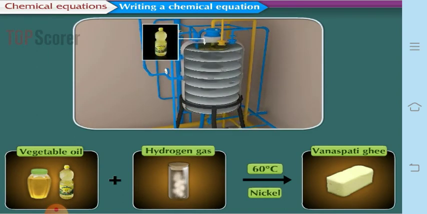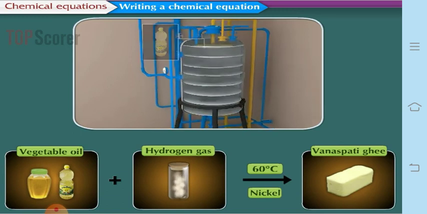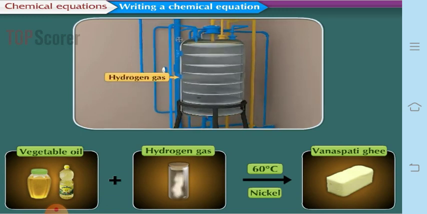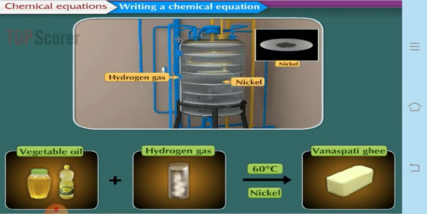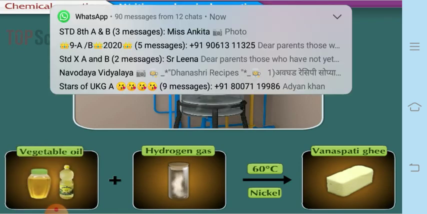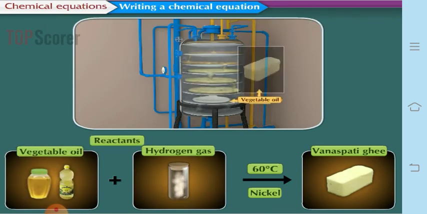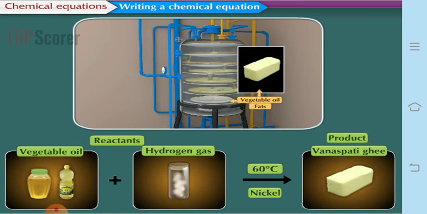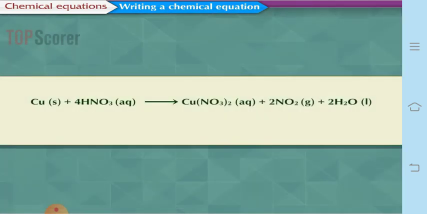So the specific conditions over here are temperature, that is 60 degrees, and nickel as the catalyst, and the product formed is vanaspati ghee from vegetable oil and hydrogen gas. So in this way the special conditions are written.